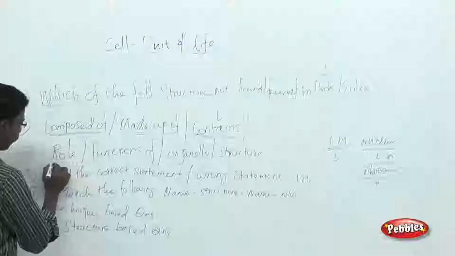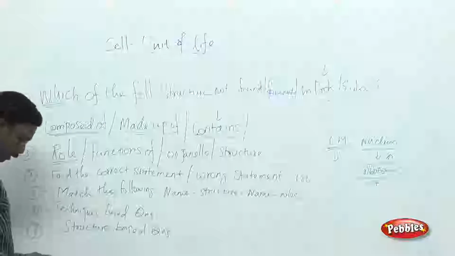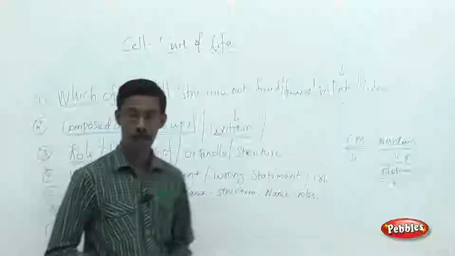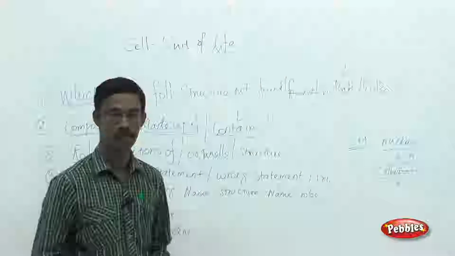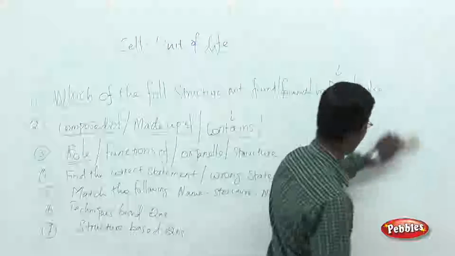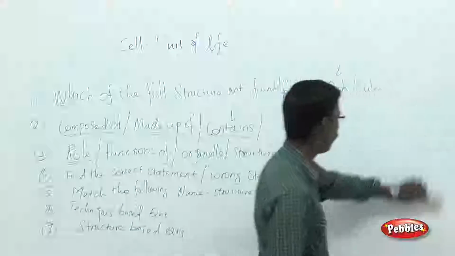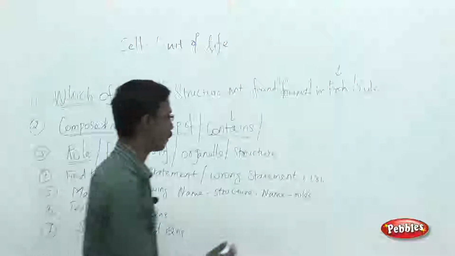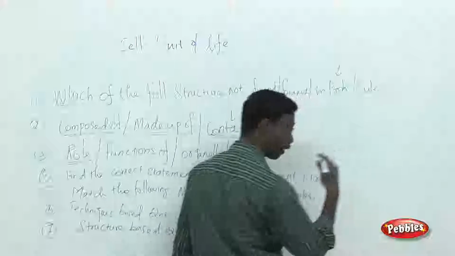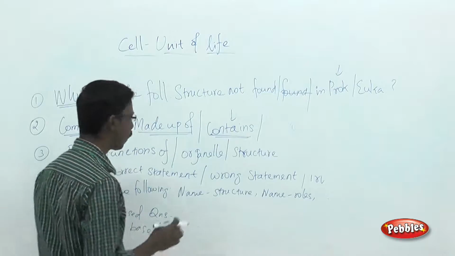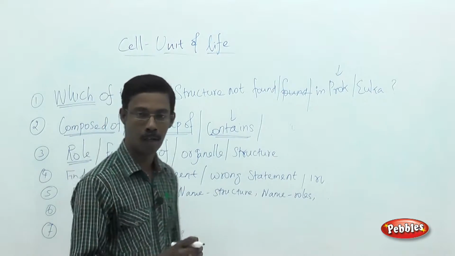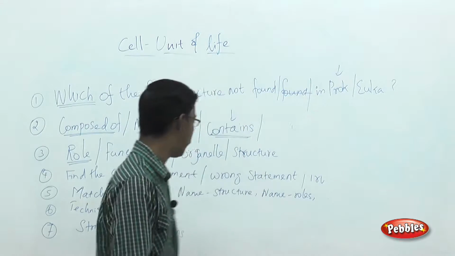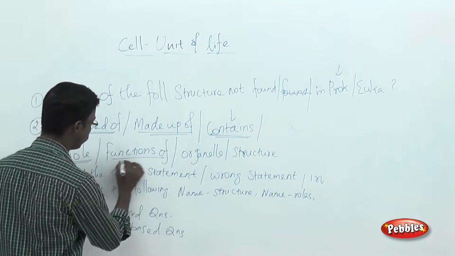Okay. And a third major type of question you can expect from the same unit, the functions of the particular structures and organelles. Okay, so as we all know, we have studied the structural details of all the structures of prokaryotic and eukaryotic cells, animal cells and plant cells, and for each and every structure, for each and every organelle, for each and every detail, they have their own functions.